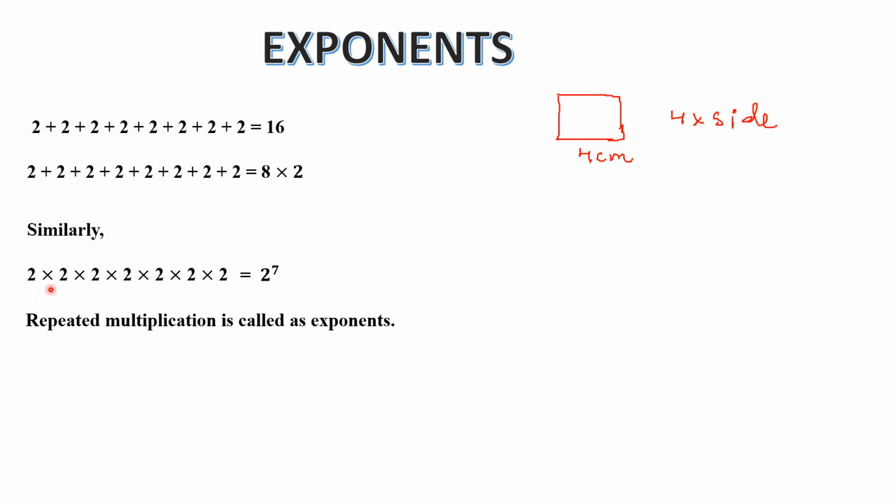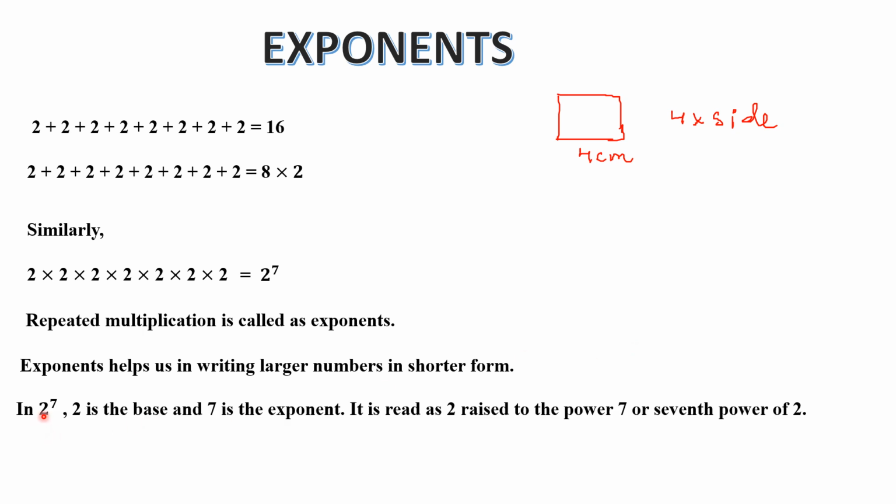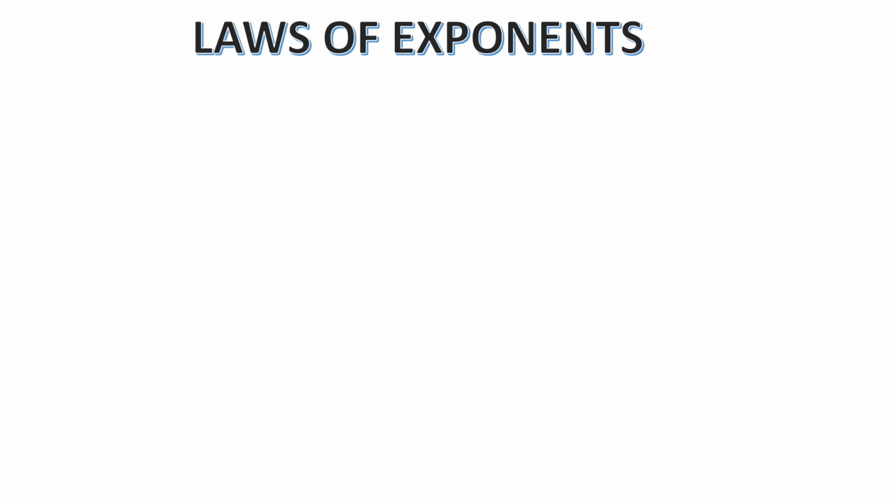So when you are multiplying 2 7 times, you can write it in a shorter way as 2 to the power 7. And exponents help us in writing larger numbers in shorter form. So in 2 to the power 7, 2 is the base and 7 is the exponent. It is read as 2 raised to the power 7 or 7th power of 2.